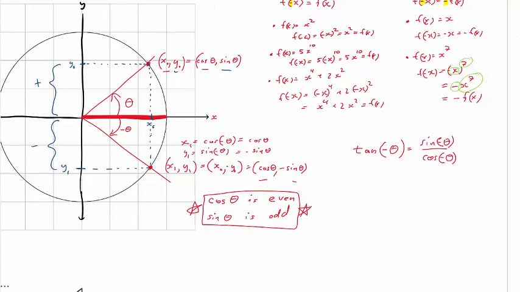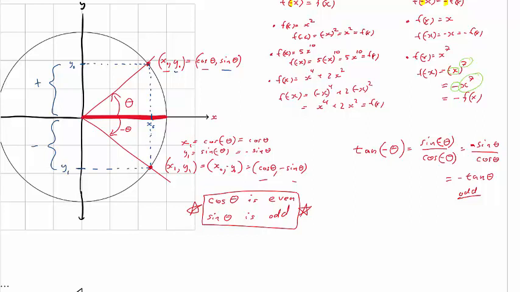And as we already saw, sine theta is an odd function, so we have negative sine theta on top. Cosine theta is an even function, so we have a positive cosine theta in the bottom. So sine over cosine with a negative sign up front gives us negative tan theta. Tan theta is odd.